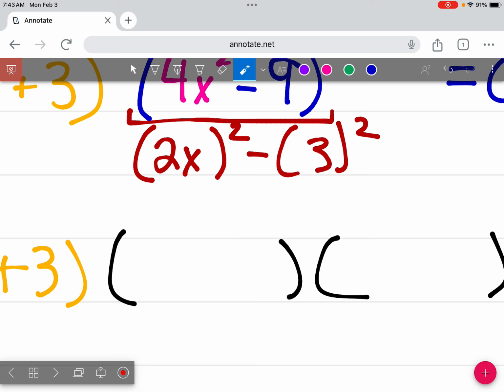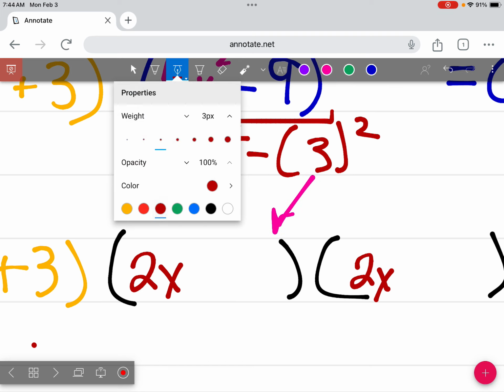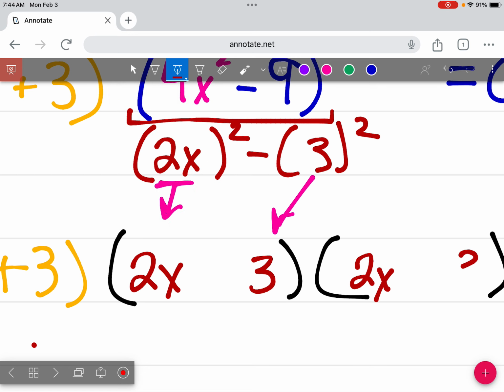We need to take the thing in the front. Our 2x goes in the front. What goes in the back? What goes over here? 3. The 3. So it's using this piece, the thing that squares to make the 4x, and what squares to make the 9. So it's going to have the 2x and the 3. One gets a plus, one gets a minus.